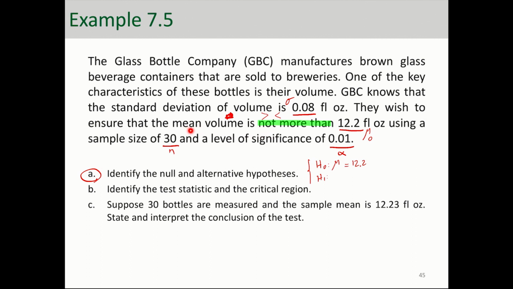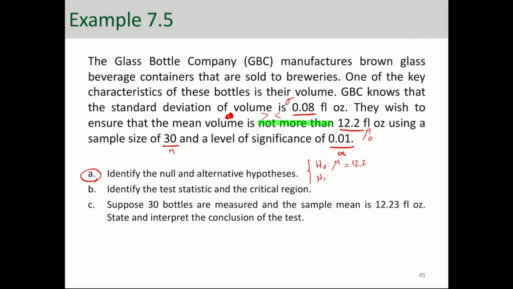Because the problem is asking us to check that the mean volume is not more than 12.2, that means a bottle that has a volume of more than 12.2 is not desirable. This company does not want to see bottles that have volumes of more than 12.2. That is the bad result. That is the bad outcome, right?